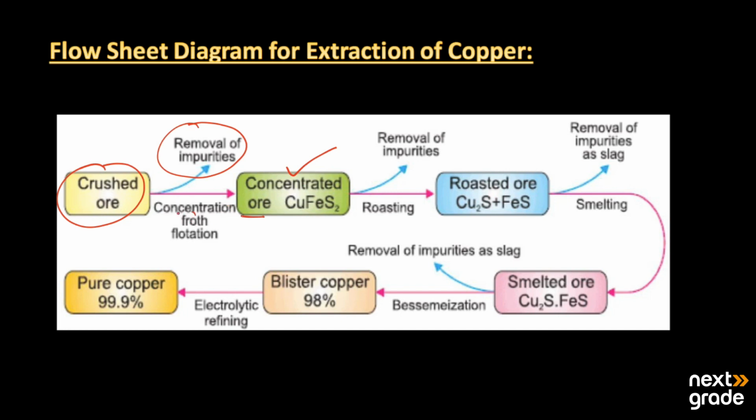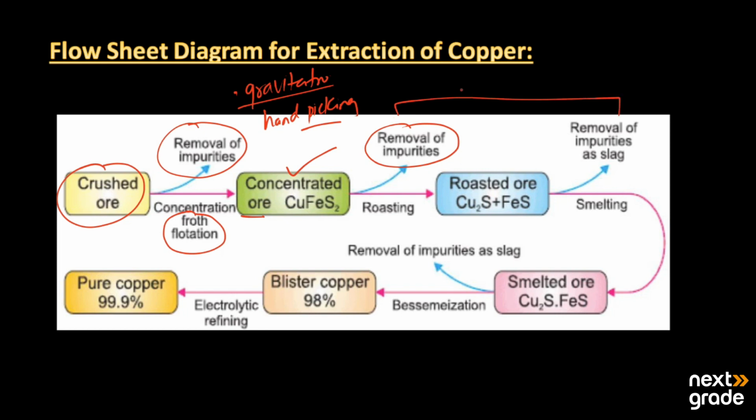We get it by the froth flotation process. We also have the gravitation process and hand picking. So this was a simple concentration process. After the concentration, we have to remove the impurities. This process is known as the extraction of metals.